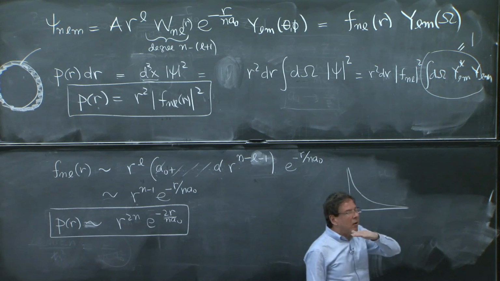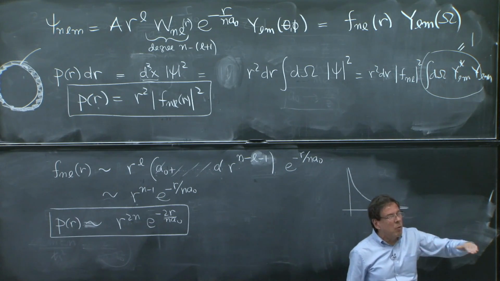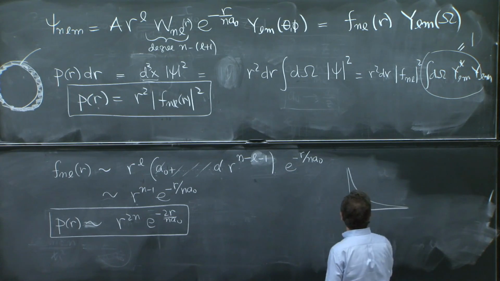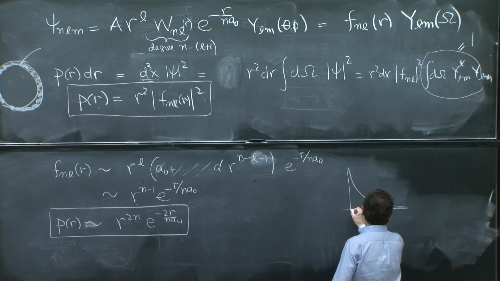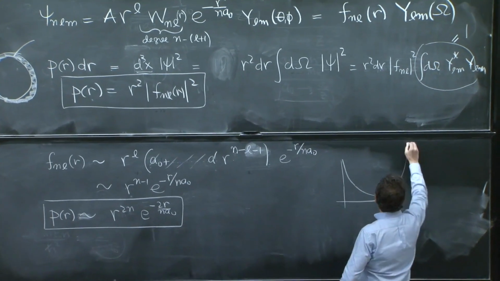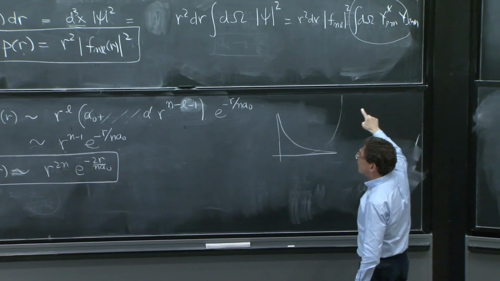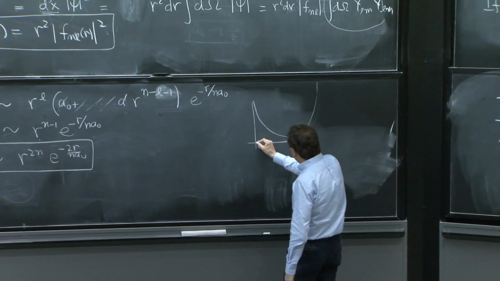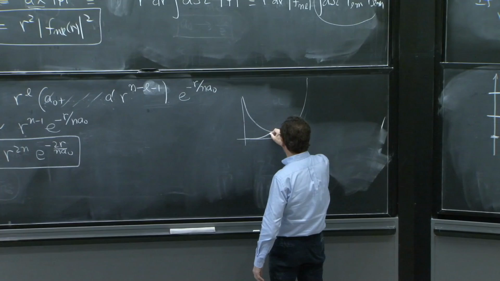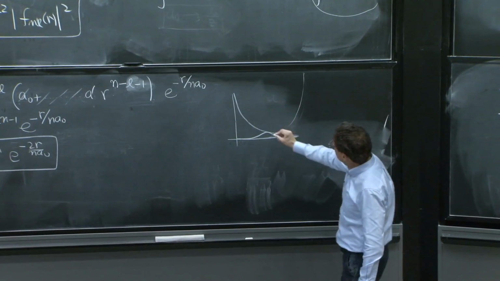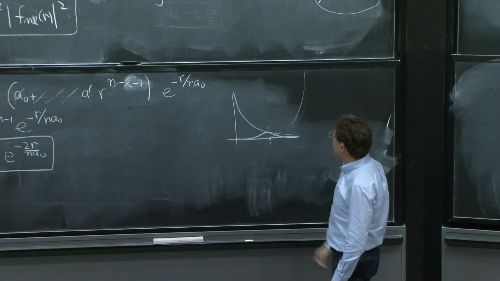R squared takes off slower than r, takes off slower than r to the fourth. So here you have a thing that just grows like that, but it takes forever to take off. And the result is a function that just picks up at some point over here. And we want to find the maximum.